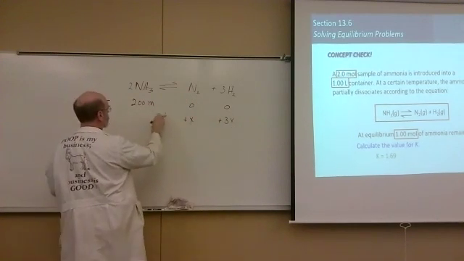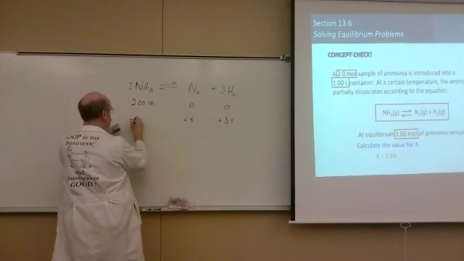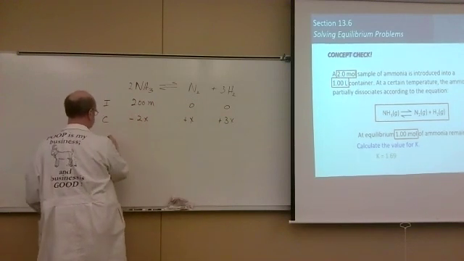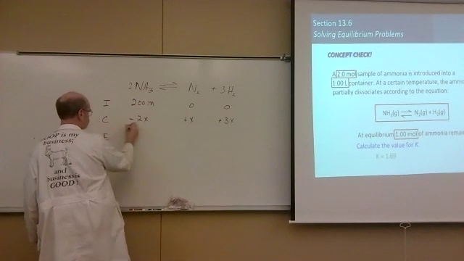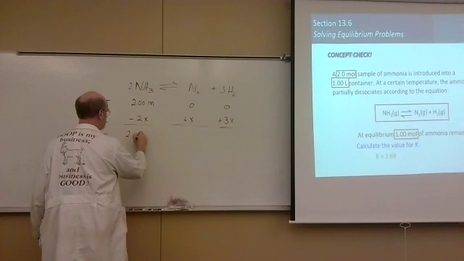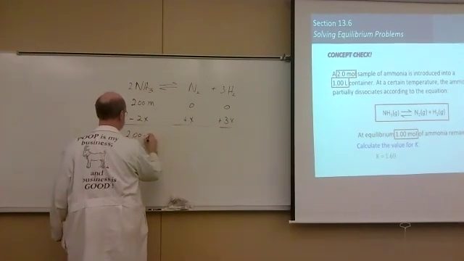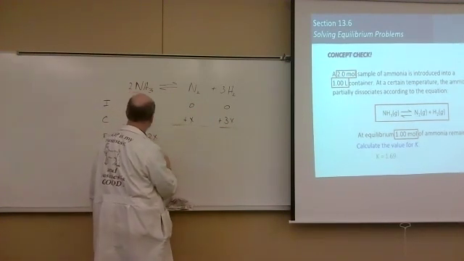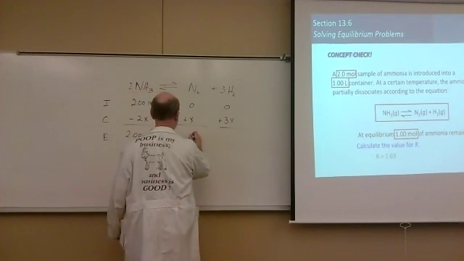And we're going to lose, for every 1 of these, we lose 2 of these. All right, so we got 2 minus 2x, and then we have x.